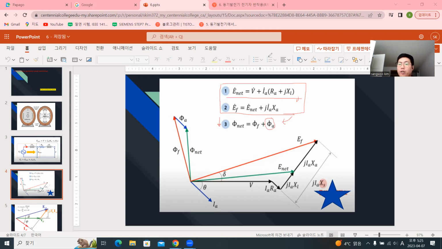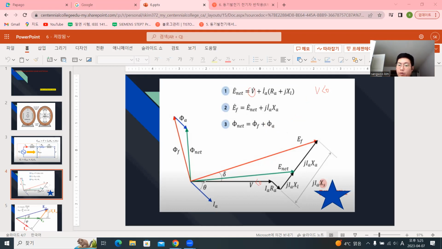First of all, we need to find the reference point. The reference point is here, V. V is the standard reference point. And our general situation is that the current is lagging, so that's why I made the lagging current here.